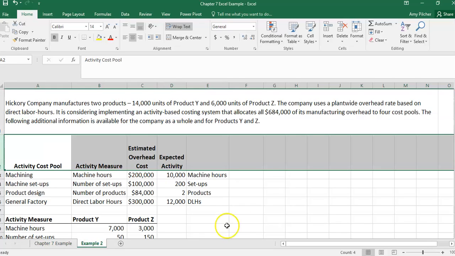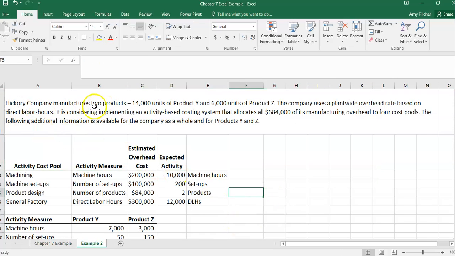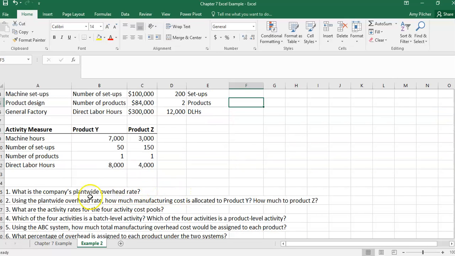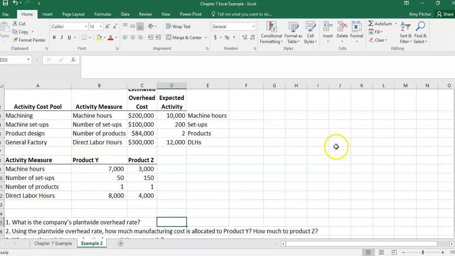In the second example, we're going to look at the difference between applying a plant-wide overhead rate, a single rate, to products versus using activity costing to apply overhead. So first we want to know, what is the company's plant-wide overhead rate?